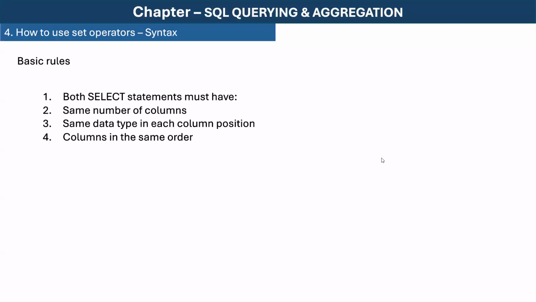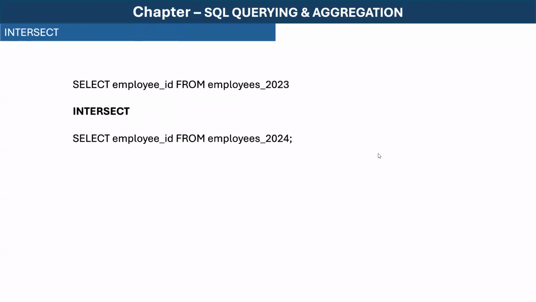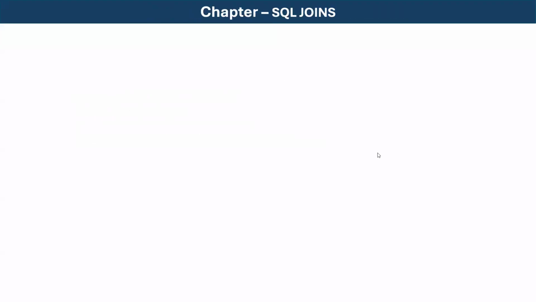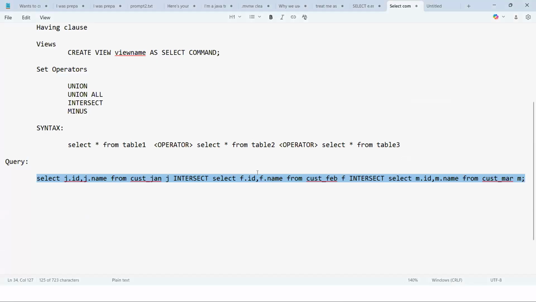Make sense? Yes, sir. And this is the example I have explained: union example, union all example, intersect example, and minus example. I'll go through these examples again.